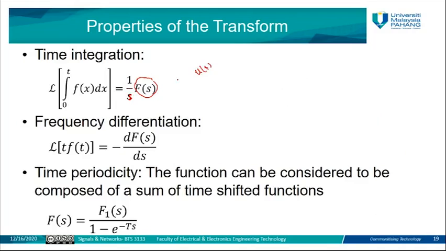We have 1 over s, then 1 over s squared, 1 over s cubed, and so on. So this frequency operator s is added to the function in the frequency domain in order to reflect the order of our integration.